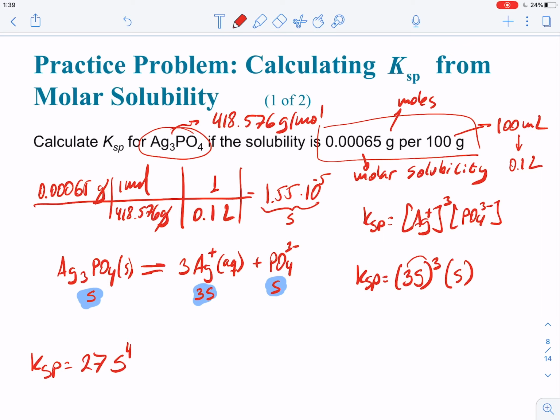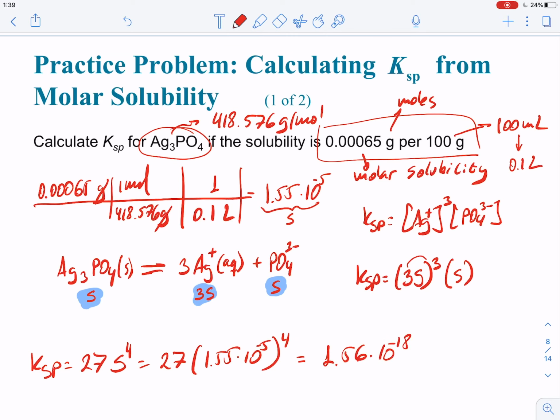So you have the cube here, but still have one more s, so that's s raised to the power of 4. So this is going to be equal to 27 times 1.55 times 10 to the negative 5 raised to the power of 4. And this is equal to 1.56 times 10 to the negative 18.